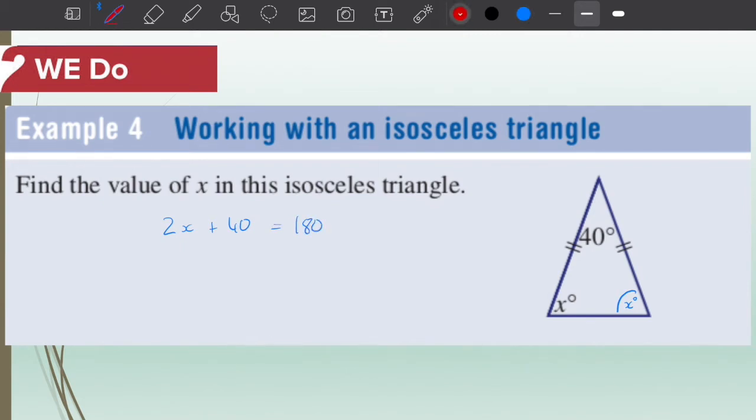So again, remembering back to our equations, we minus 40 from both sides. 2x equals 140. And we want to get this 2 over to the other side. We've got times 2, so we divide by 2. So x equals 70 degrees.